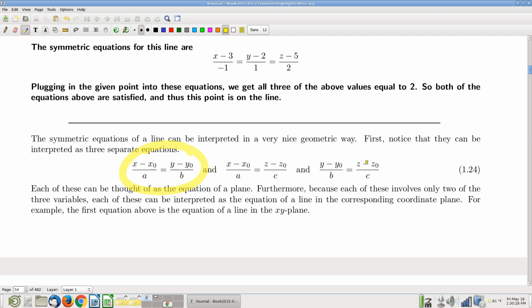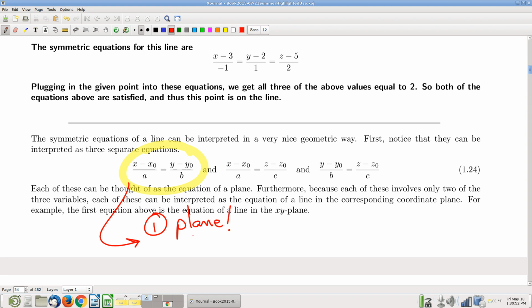Let's think about this one here. What is that thing? Well, I'm going to make a couple of observations about it. First of all, that thing is a plane.